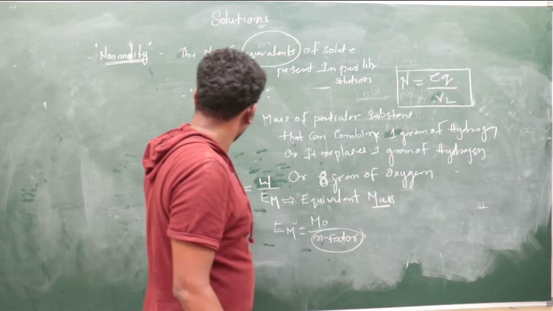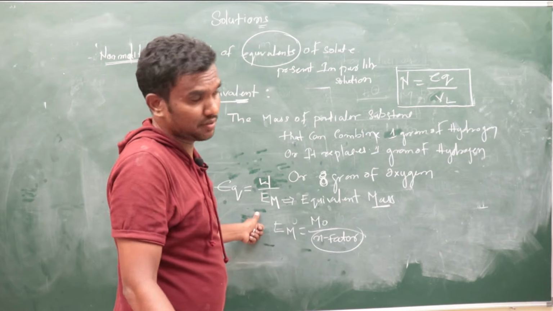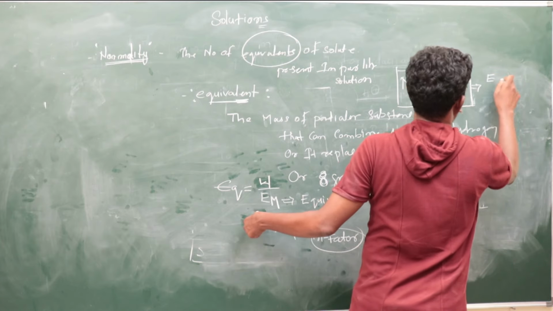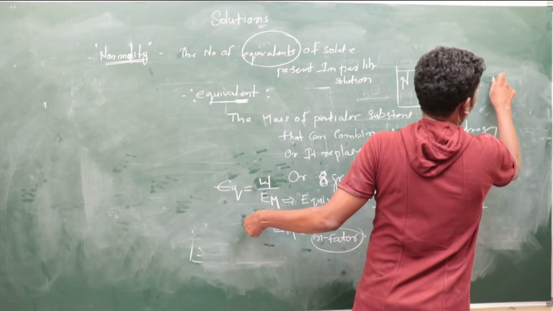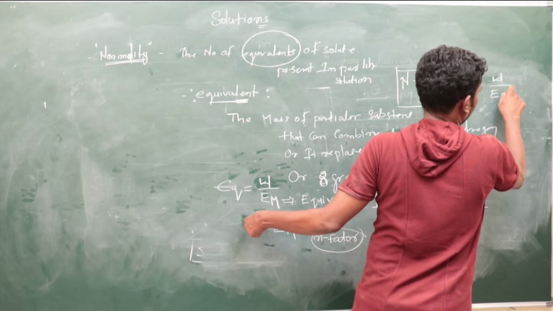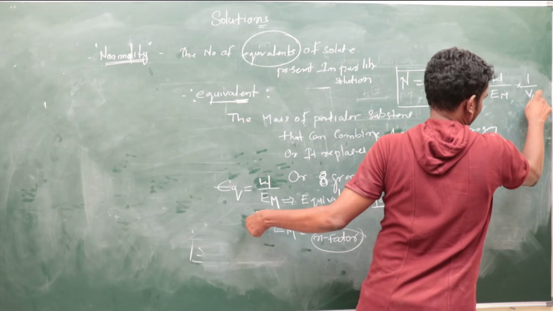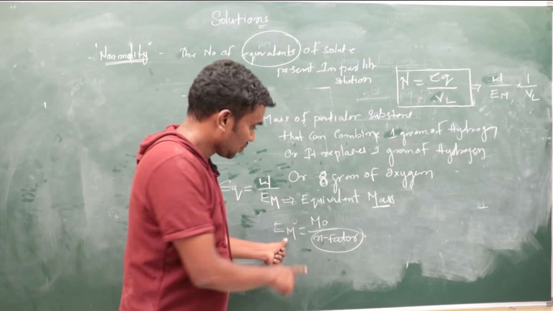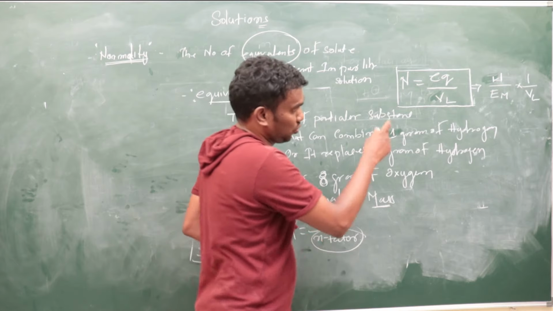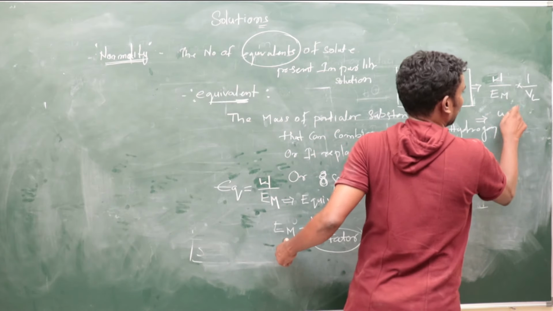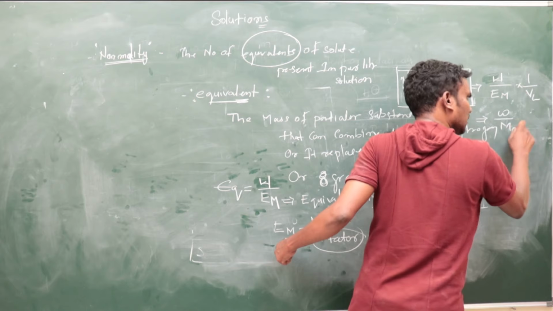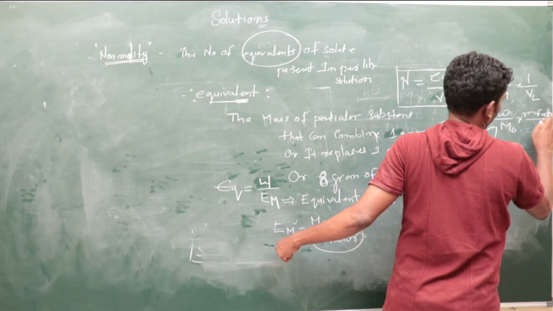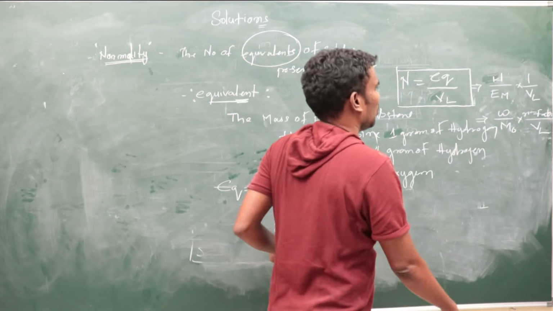Equivalence means weight by equivalent mass, so put here weight by equivalent mass into volume in liters. Equivalent mass means molecular mass by n factor. Put over this formula, weight by molecular mass into n factor, n factor by volume in liters.